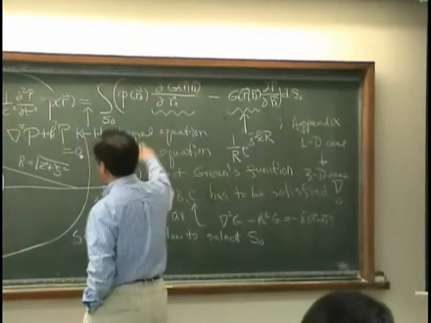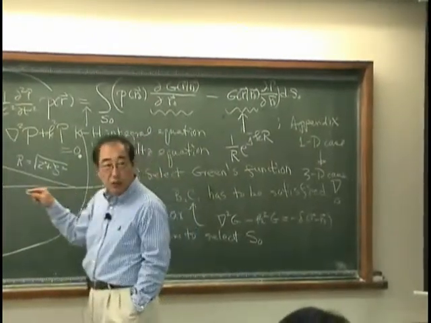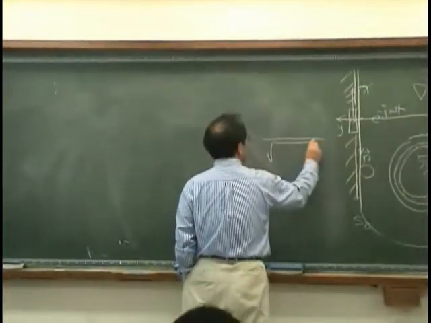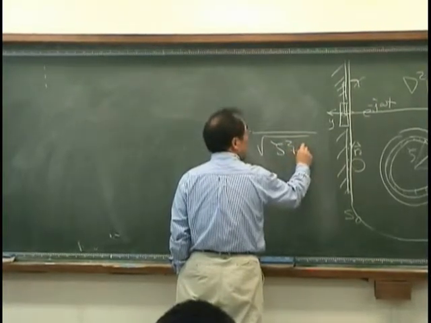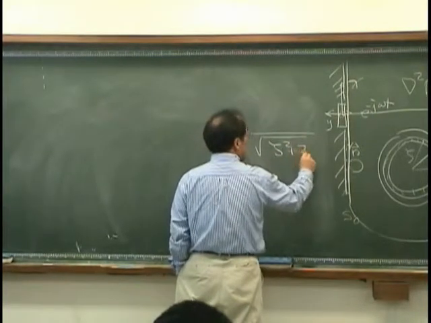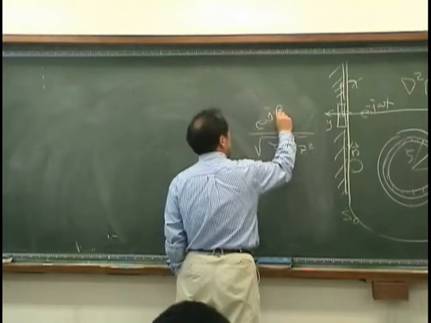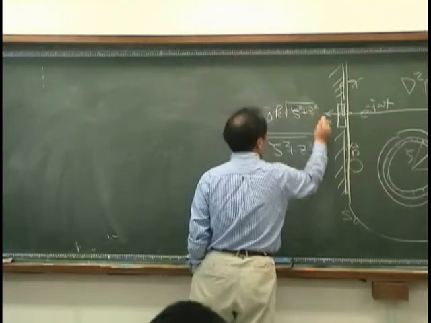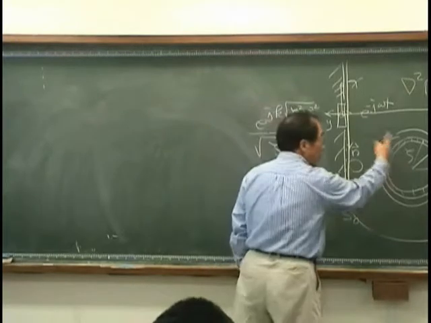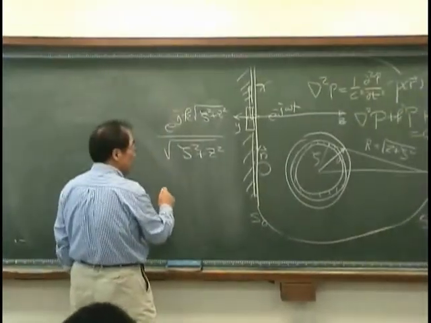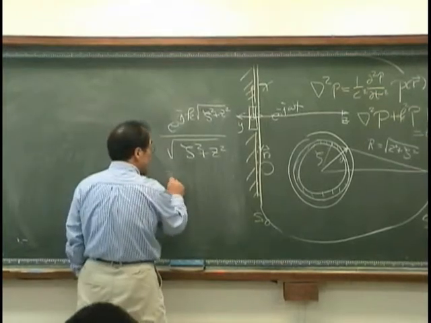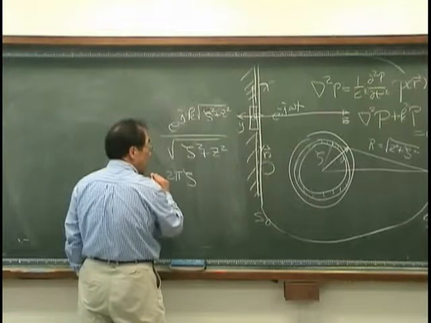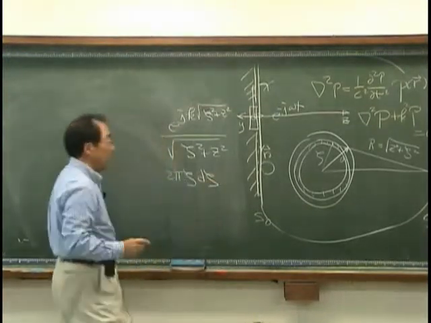And this integration on this axis reduces to something very simple, because R is the square root of zeta squared plus z squared, and e to the jkR is simply e to the jk times the square root of zeta squared plus z squared. The integration on this surface turns out to be 2 pi zeta d zeta, right?